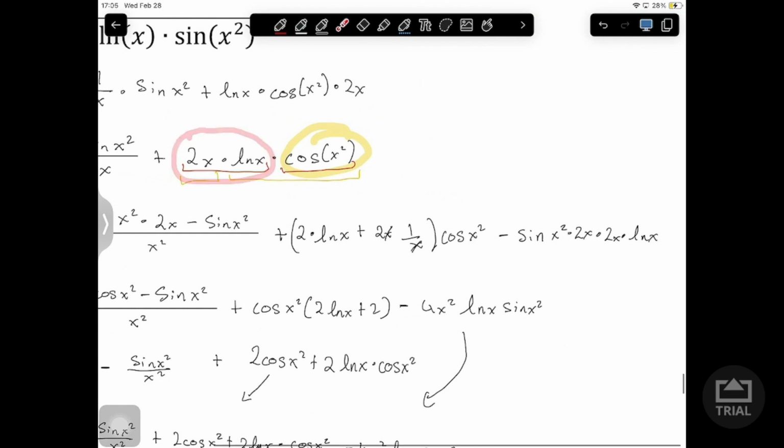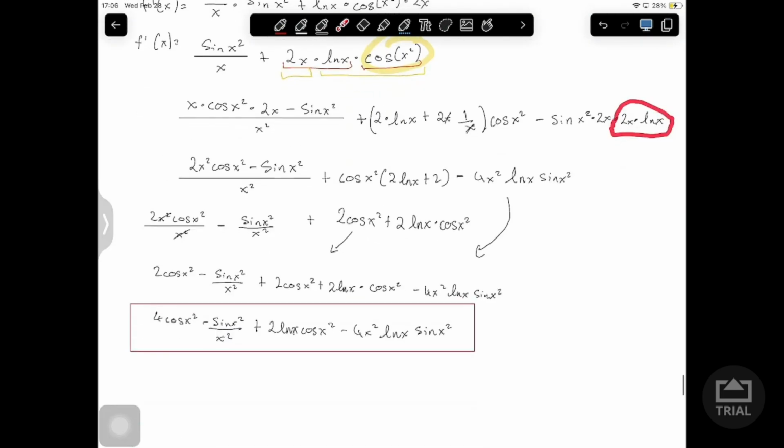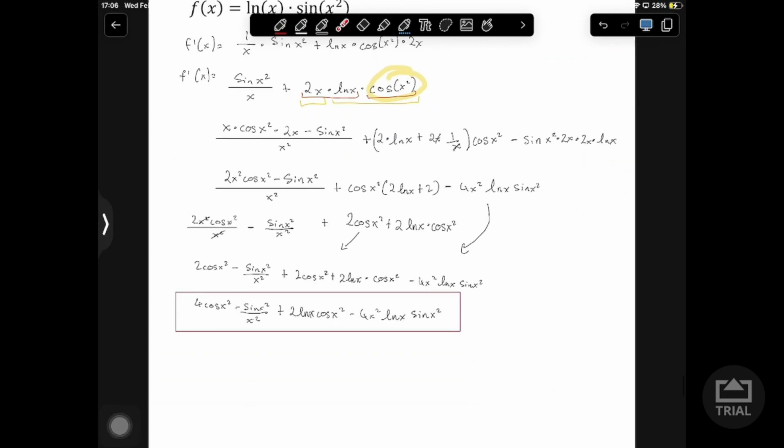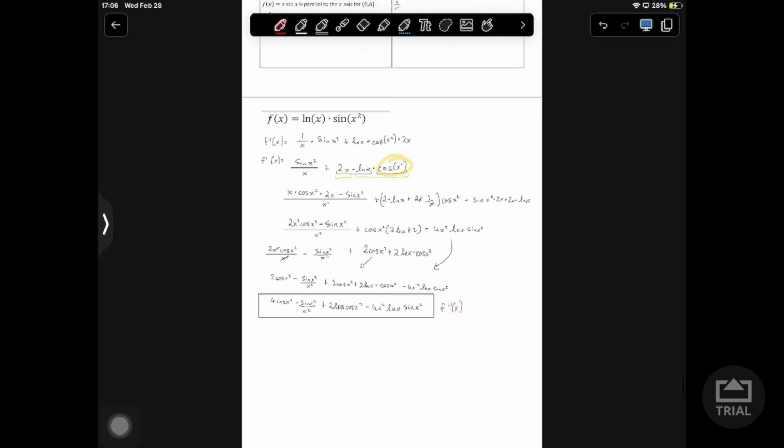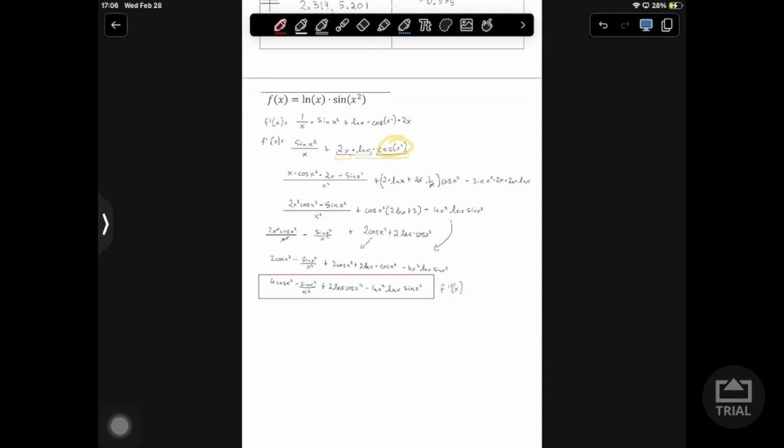So that's how we got this, the derivative of cosine x squared, and here we're multiplying it by 2x times natural log of x. So there's your answer. That's your f prime of x. So there you go. That's your final answer.